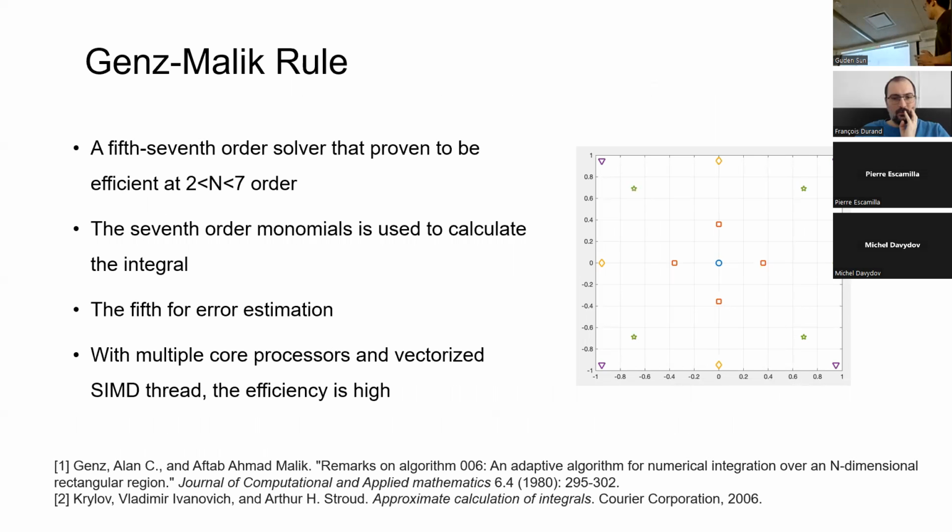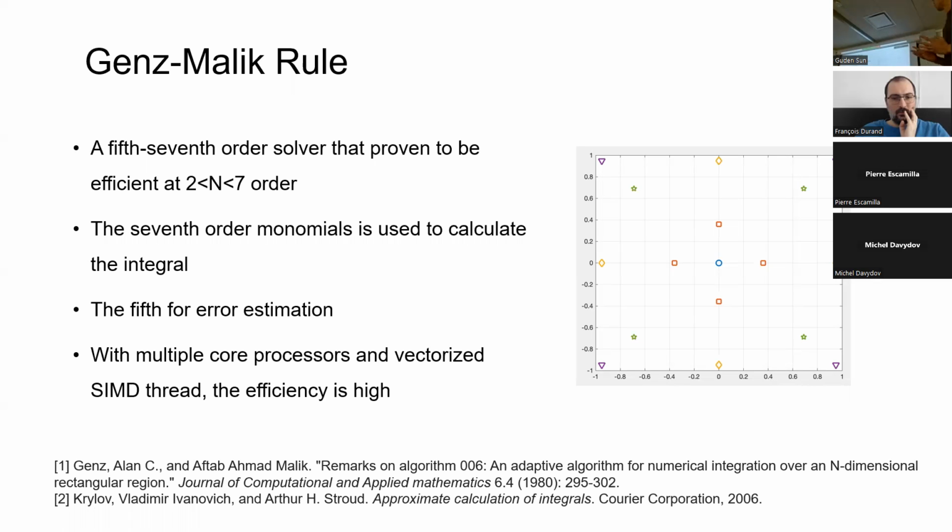The use of this theorem is to approximate a cube. Like on the right-hand side, this rectangle is a two-dimensional cube, by some samples, and compute the polynomial. The Genz-Malik rule is a seventh order approximation rule.